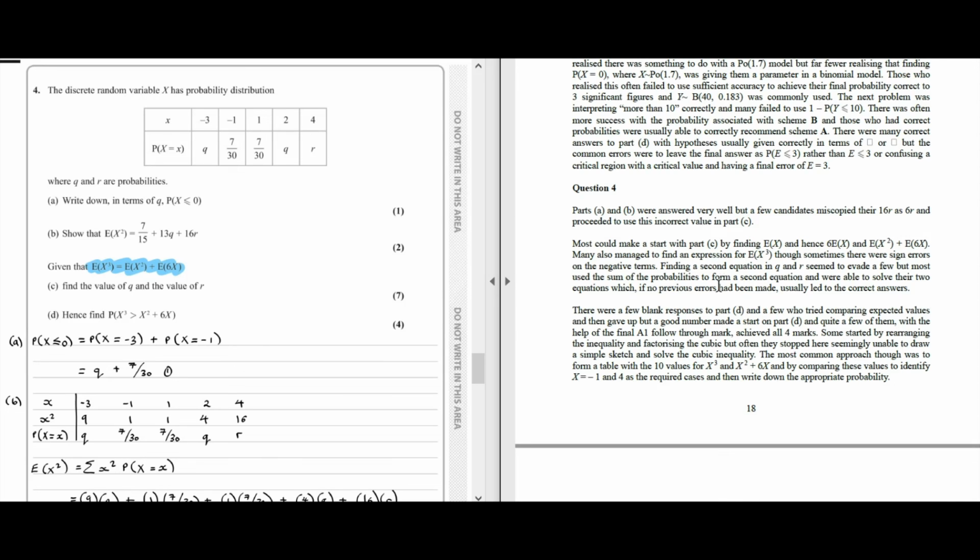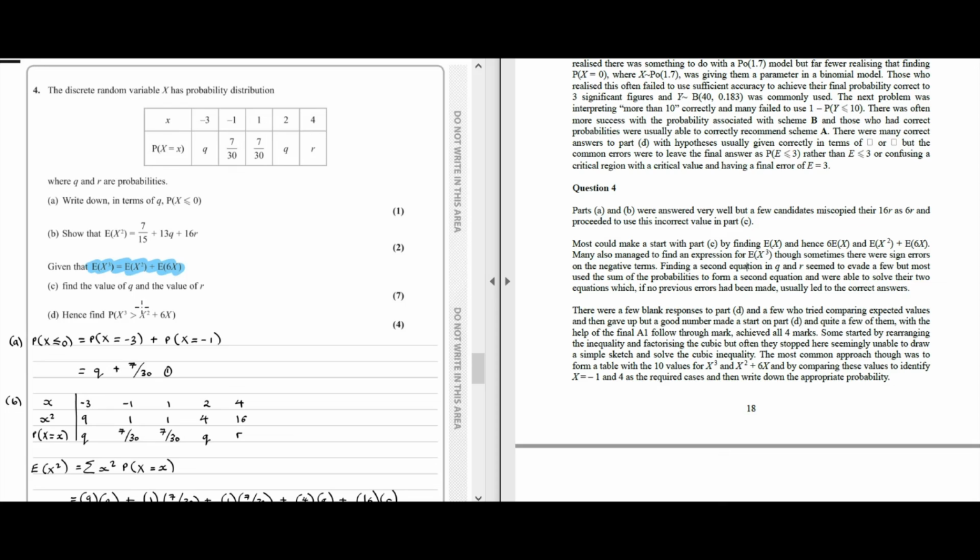Many managed to find an expression for the expected value of x cubed, though sometimes there were sign errors on the negative terms. Finding a second equation in Q and R seemed to evade a few, but most used the sum of probabilities to form a second equation and were able to solve the two equations, which, if no previous errors had been made, gave the correct answer.